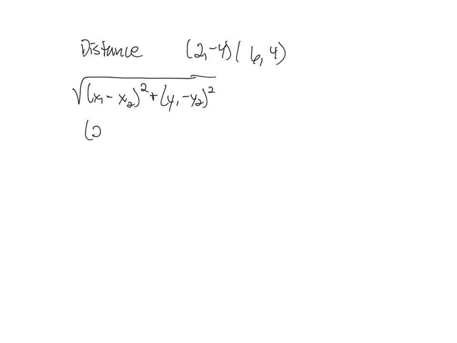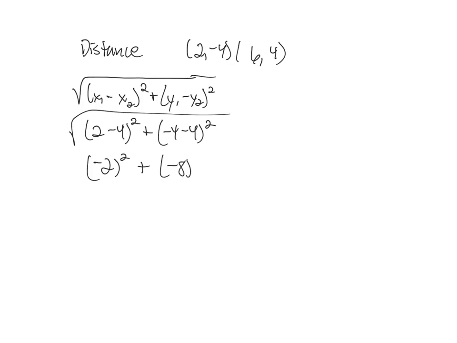So 2 minus 4 squared plus negative 4 minus 4 squared. So I get negative 2 squared plus negative 8 squared. And we get 4 plus 64, or 68.